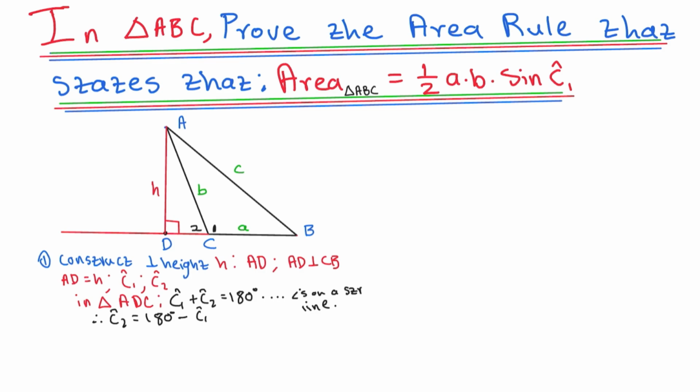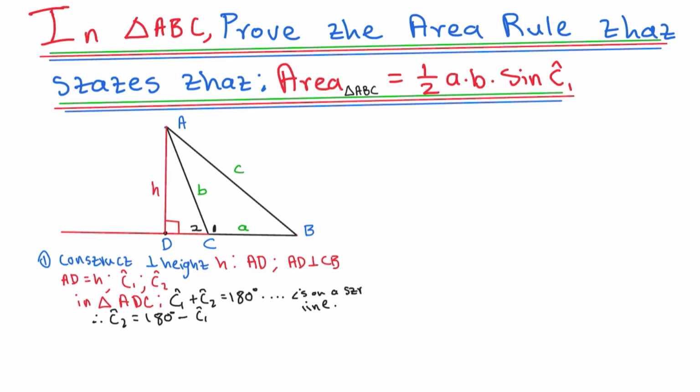Then I look at this triangle, which is our right-angled triangle. I'll say C2 is the angle I'm dealing with, so sine of it is opposite over hypotenuse.